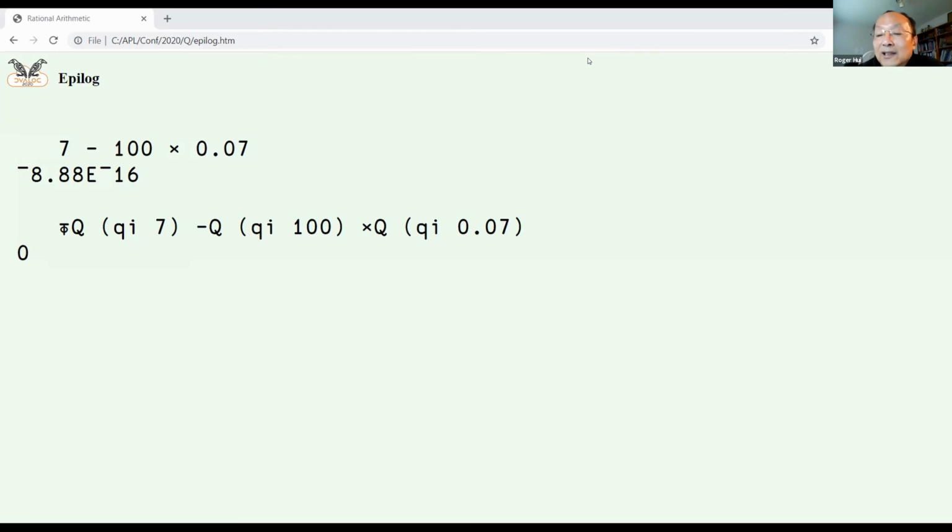QI on a number will use the quad CT that's in the workspace. But if you want to be as exact as possible, you give a left argument of 0, which gives the closest approximation using quad CT of 0.